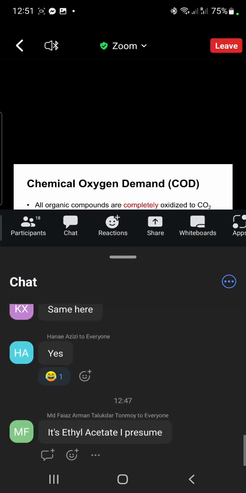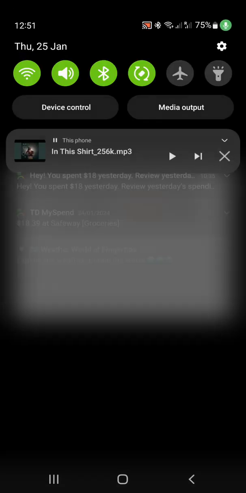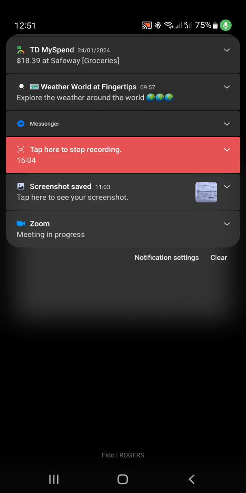Theoretically, yes, oxygen is also a strong oxidizing agent, but it might take a very long time if you're trying to combust it. Instead, we can use dichromate or permanganate, which are stronger oxidizing agents, to completely oxidize.